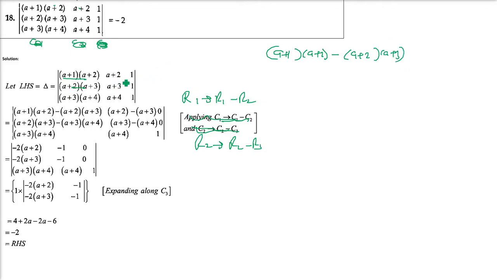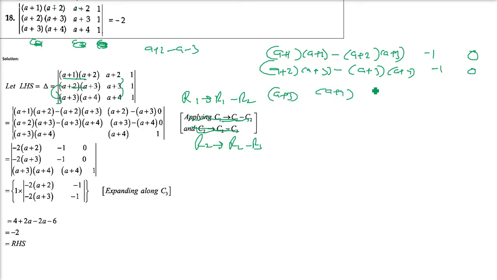You can take an a. So we are taking a plus 2 minus a plus minus a minus 3, which will of course be minus 1 here. And here, a plus 2, a plus 3 minus a plus 3, a plus 4. And a plus 3 minus a plus 4 is going to be again minus 1, 0. And the third row remains the same, a plus 3, a plus 4, a plus 4 and 1.